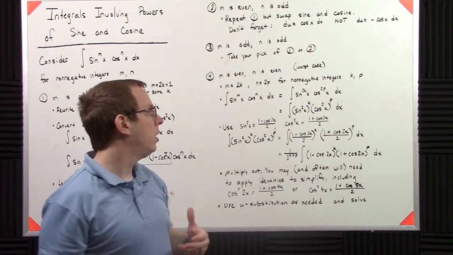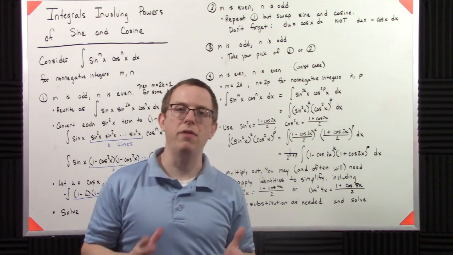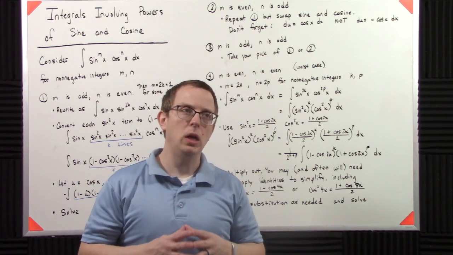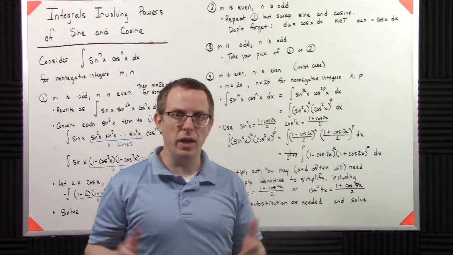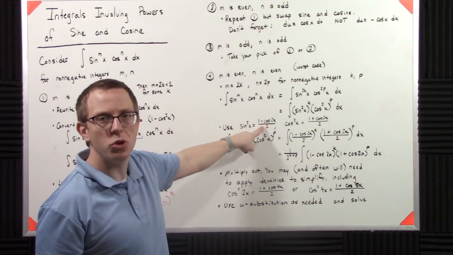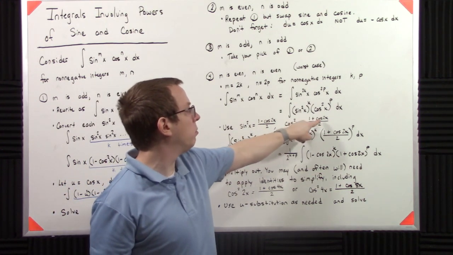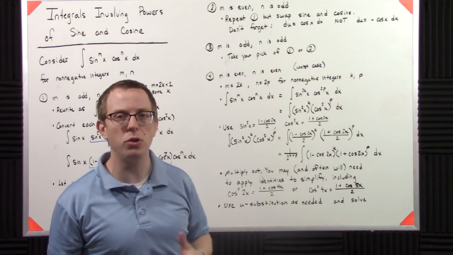Ugh, right? By doing that, we can exploit the half angle identity, which is not the most fun of identities. Sine squared x is 1 minus cosine 2x over 2, and cosine squared x is 1 plus cosine 2x over 2.